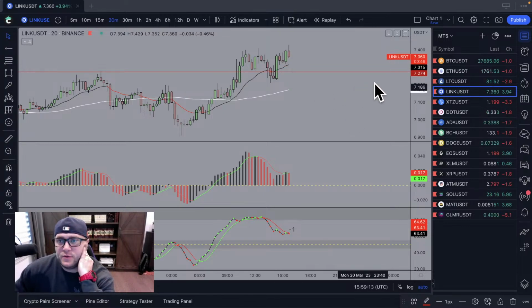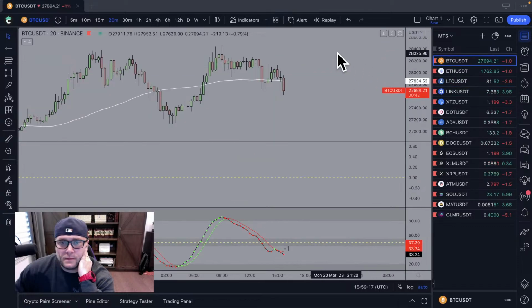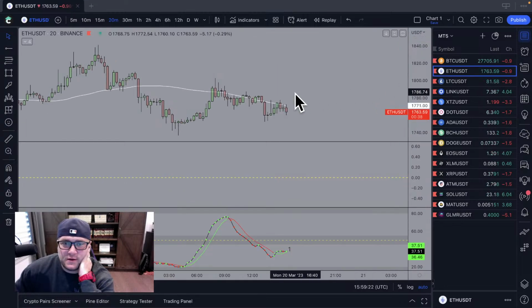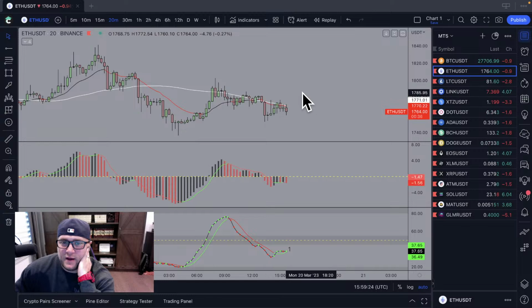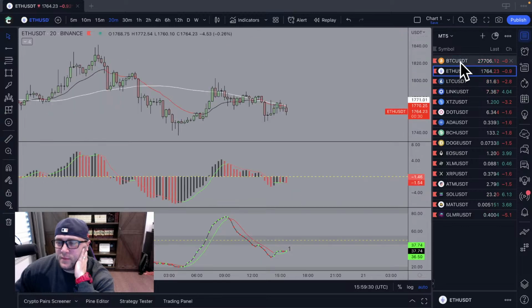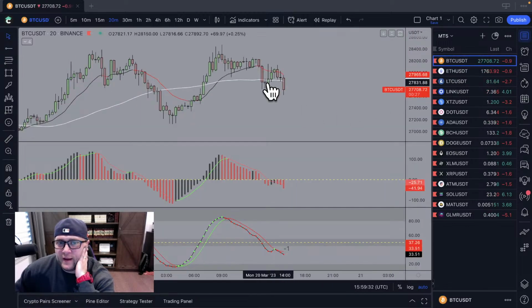And look there, it's starting to push back down. Oh, it's disgusting. We get stopped out on our, I mean, we made money off of it, but man, this would have been beautiful.